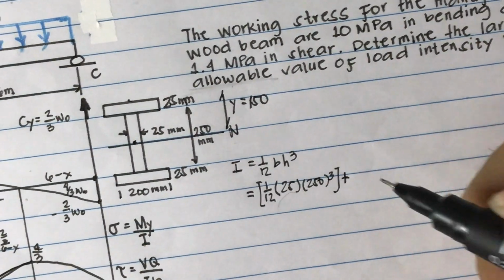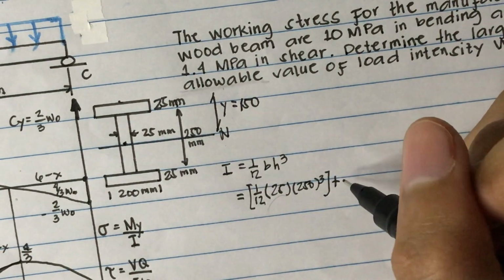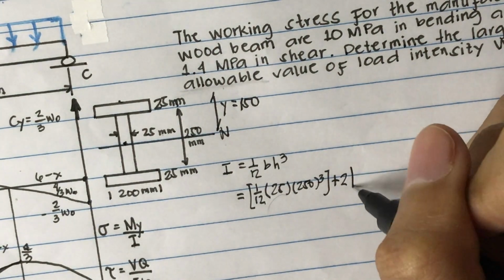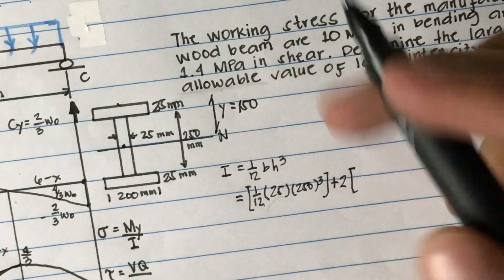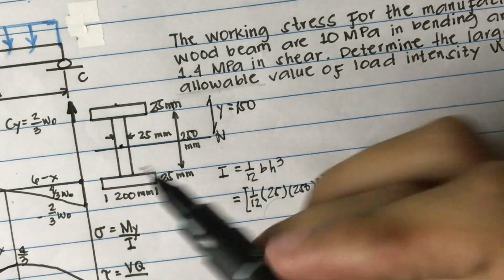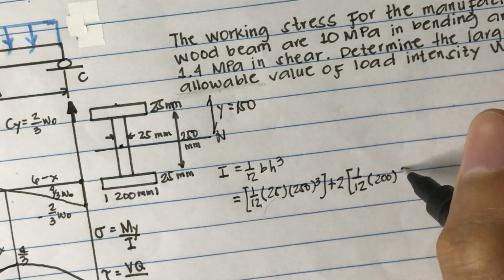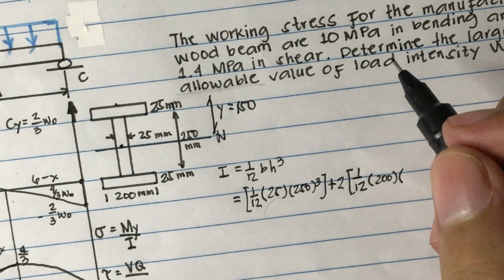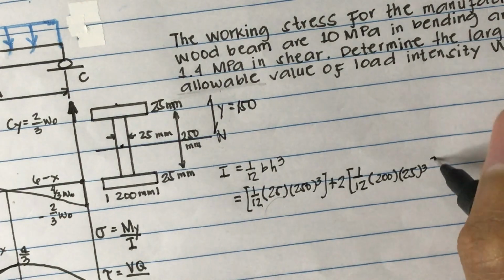and mag-plus ta sa tuwang duwa ka element since same ra sila, so 2, right? Same ra ato ang second element and third element, so we have 1/12 base of 200 na silang duha, og height nga 25 cube.